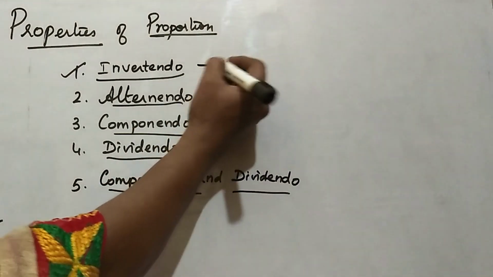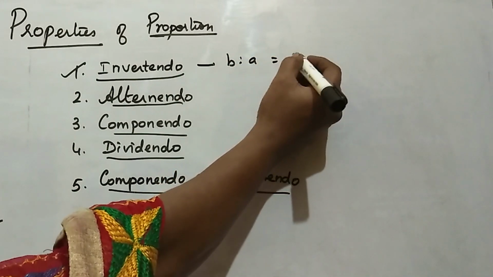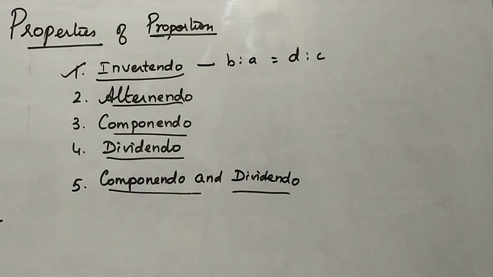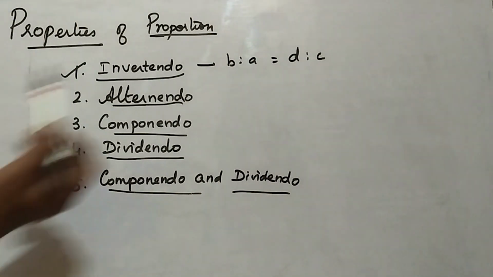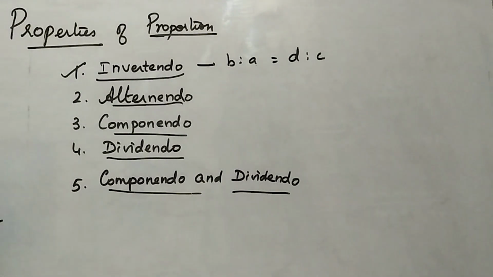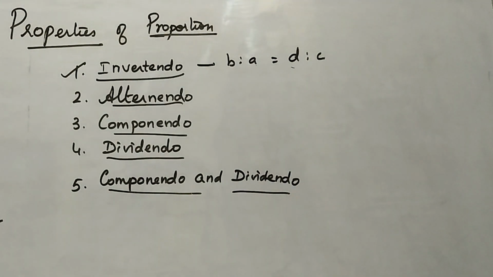A ratio B is equal to C ratio D. Just inverted. So A upon B becomes B upon A, C upon D becomes D upon C. This is the invertendo.